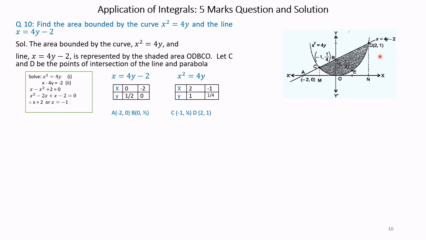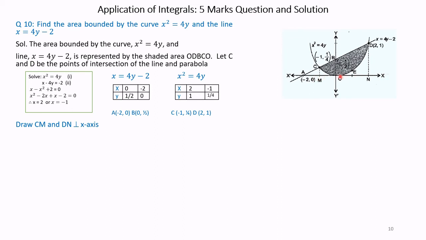So we have noted down all the points of the straight line and the parabola, that is A, B, C, D. Draw CM and DN perpendicular to the x-axis, that is, perpendicular to x dash x.